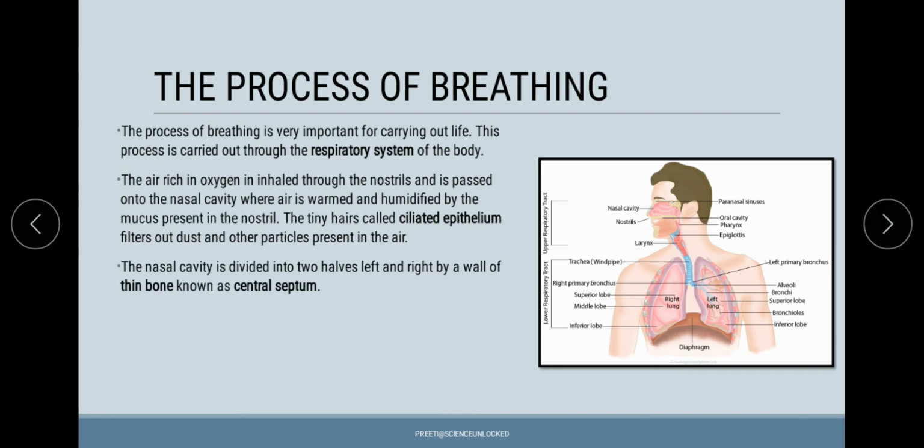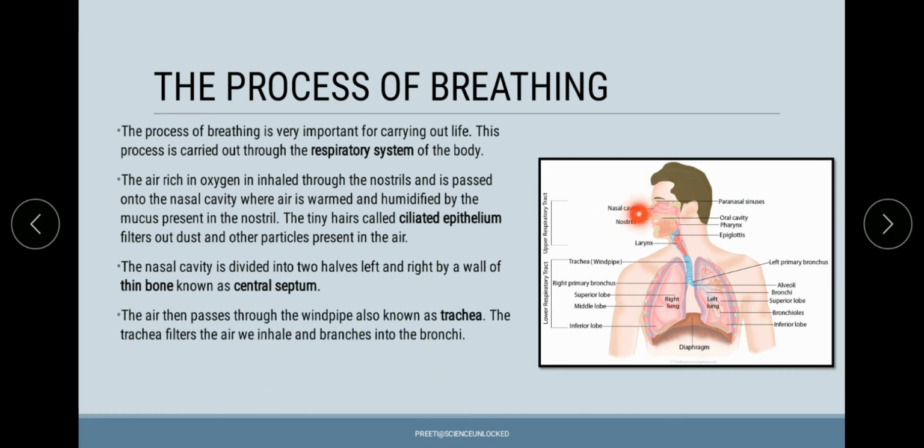On the other hand, the different structures that help us include the nasal cavity, which has a thin partition made by a thin bone called the septum. Once the air passes through the nostril or nasal cavity, it reaches the windpipe, which consists of the pharynx, larynx and trachea.